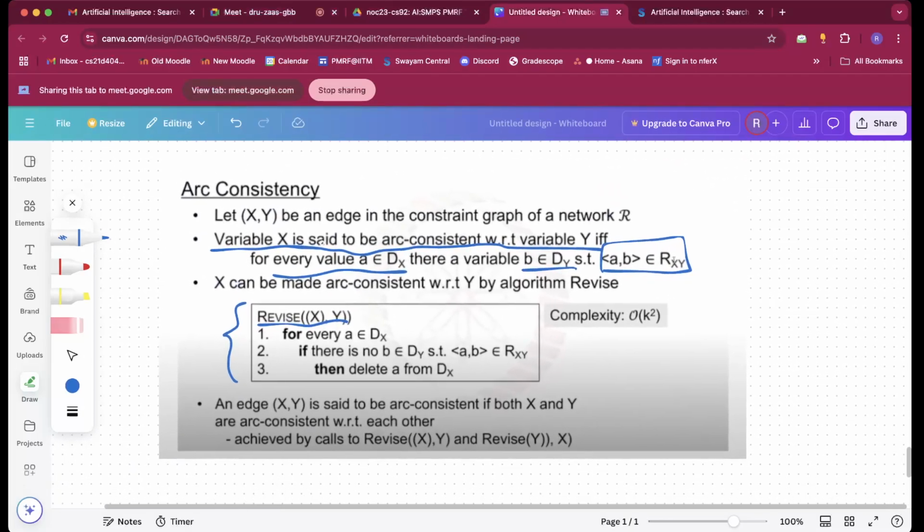A variable x is said to be arc consistent with respect to variable y if and only if for every value a in the domain of x, there is a value b in the domain of y such that assigning a and b to x and y respectively satisfies the constraint between x and y given to us. And we can use this method, revise(x, y), to achieve an arc consistent network.